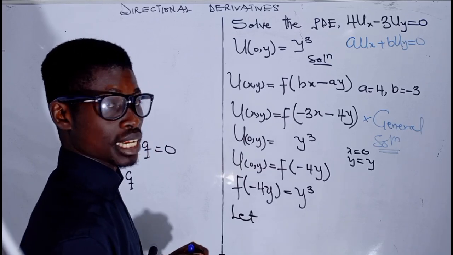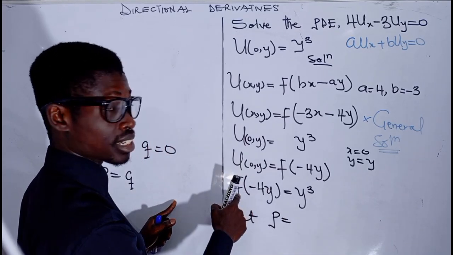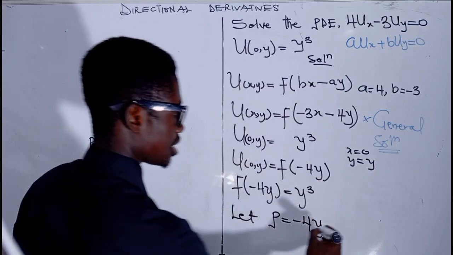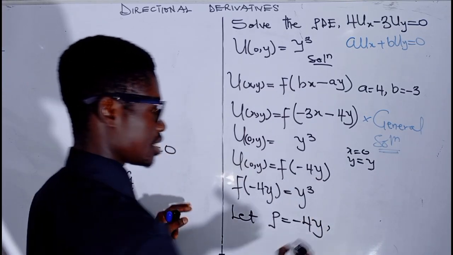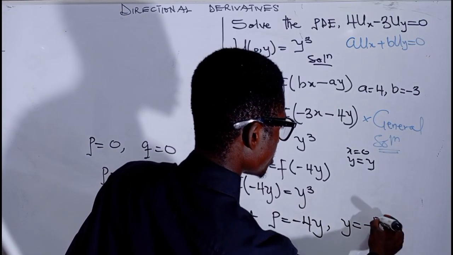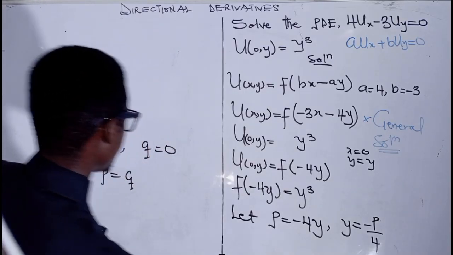So what we are going to do is let any variable at all, let's say p, represent what is in the bracket of the function f. So we have p is equal to minus 4y. Then from here we make y the subject, and we are going to get y is equal to minus p all over 4. Very, very easy and simple.